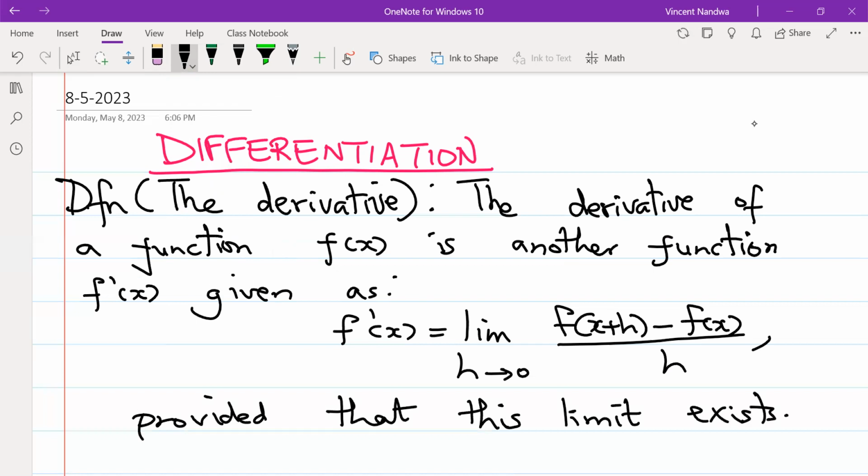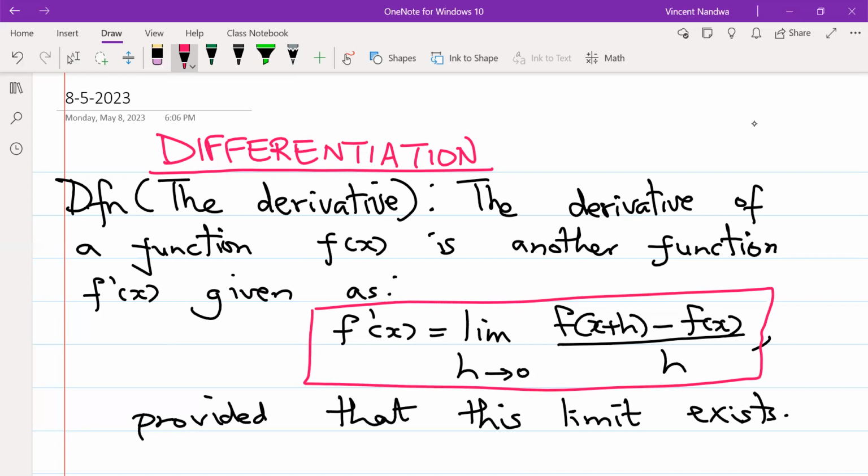That's how we define a derivative of a function f of x. I'll call this definition 1.